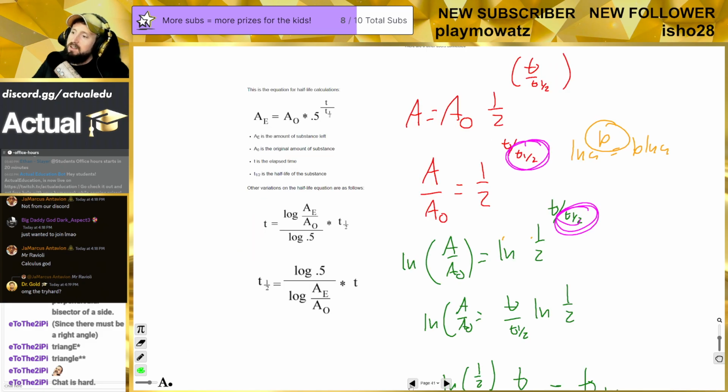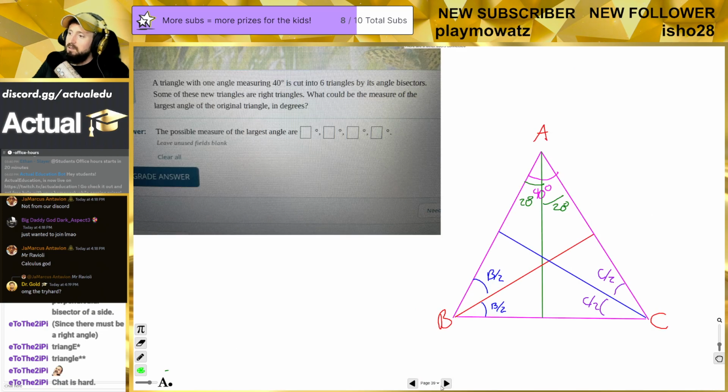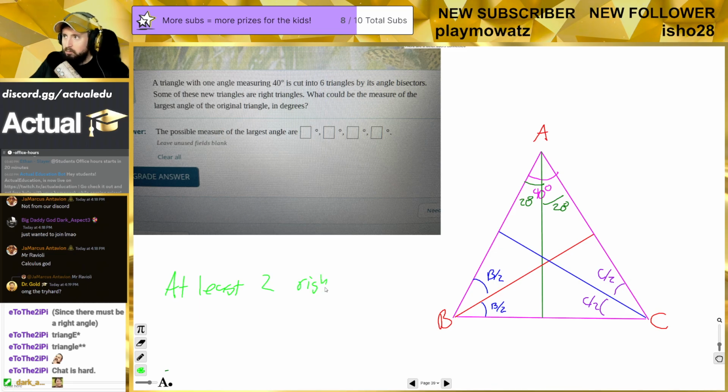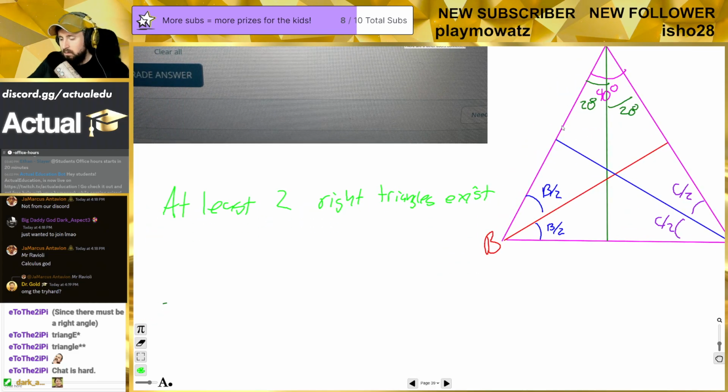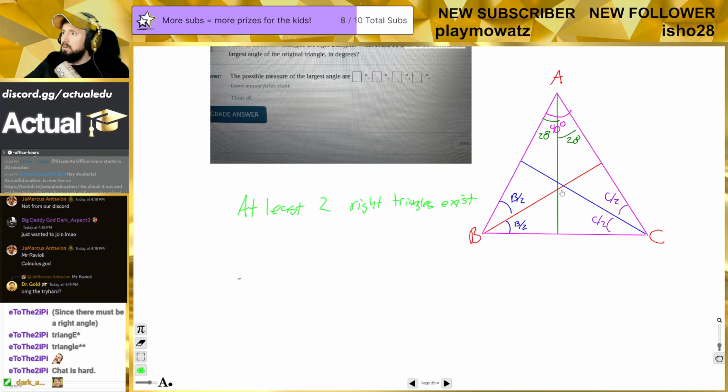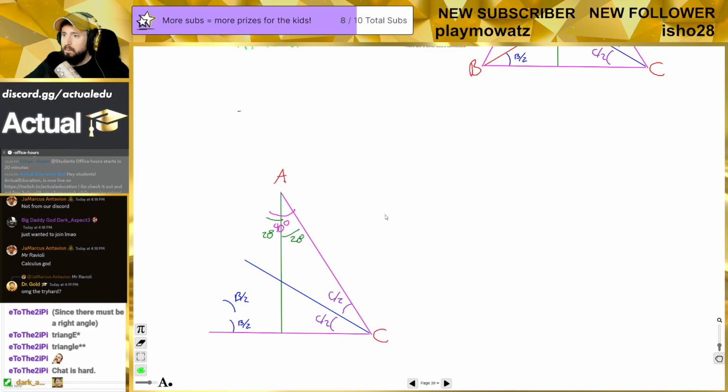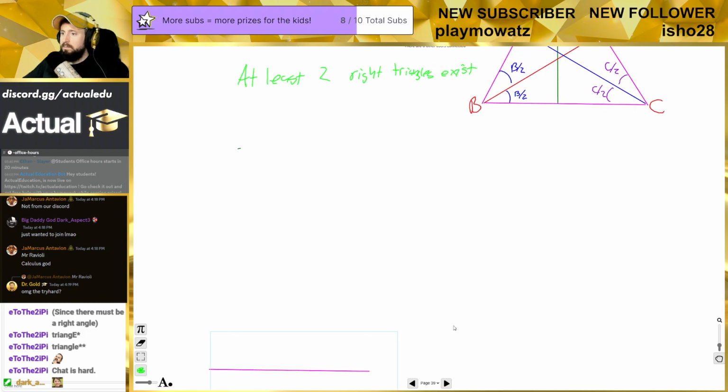Let's take the case that one of them has to be. Okay, let's say that at least two right triangles exist, right? I didn't draw all my angles. One sec.